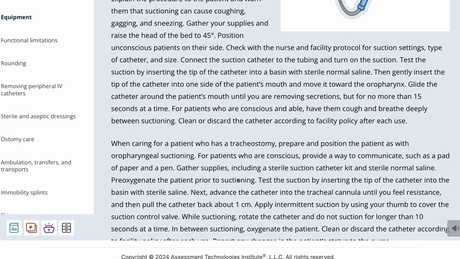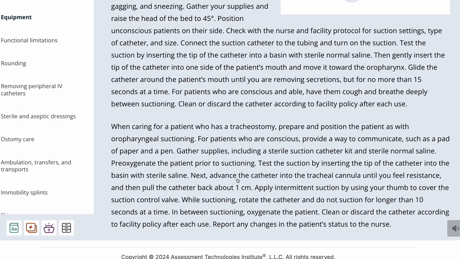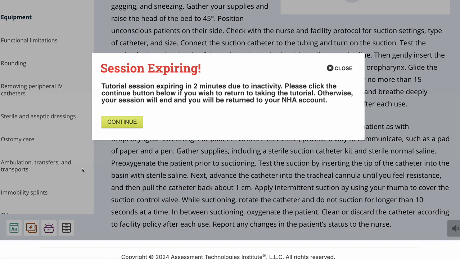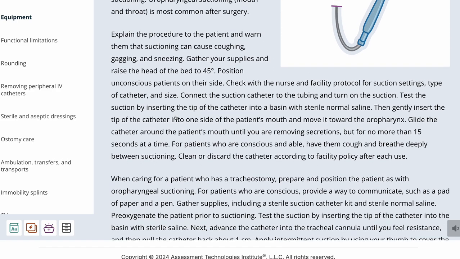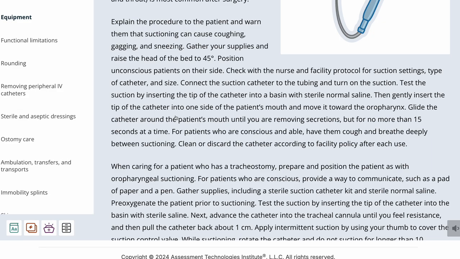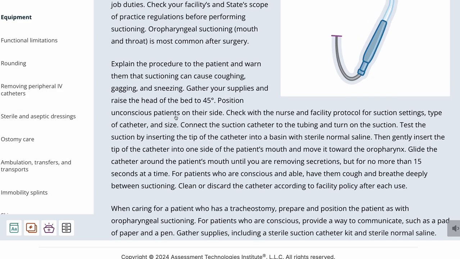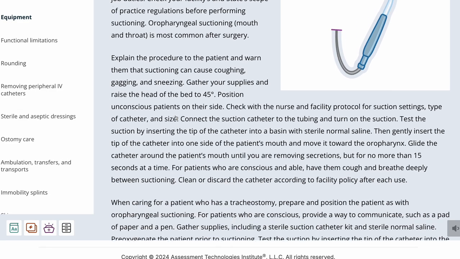When caring for a patient who has a tracheostomy, what is a tracheostomy? Any ideas? A tracheostomy is a hole right here in the neck. They get a little hole in the neck, and then they have to breathe through that.